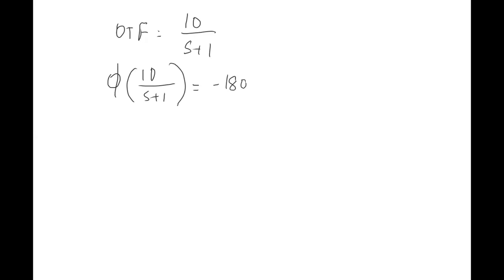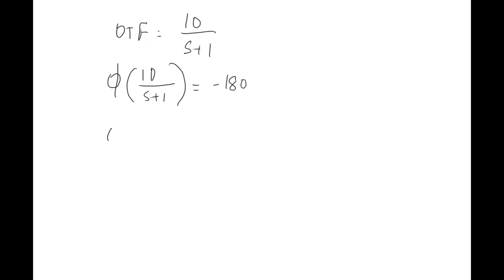Open loop is when there is no feedback. That doesn't mean the plant is open loop; in the plant it is closed loop only, but we will do the analysis on the open loop. So equate the phase angle of the open loop to minus 180.